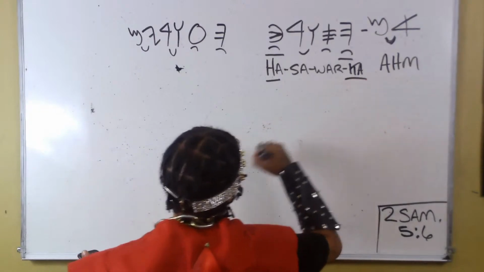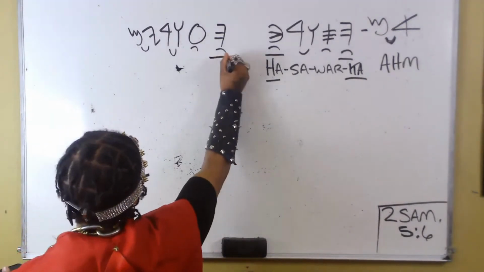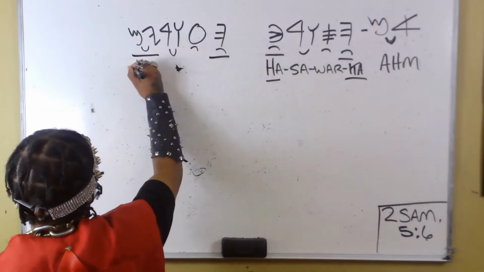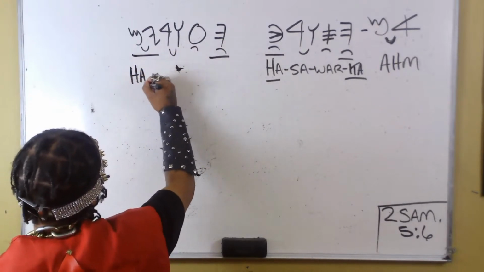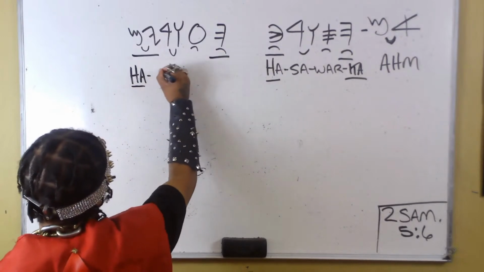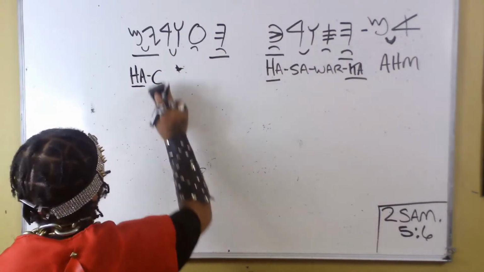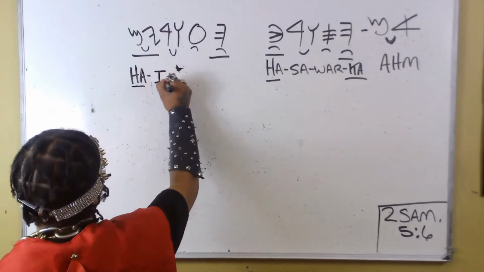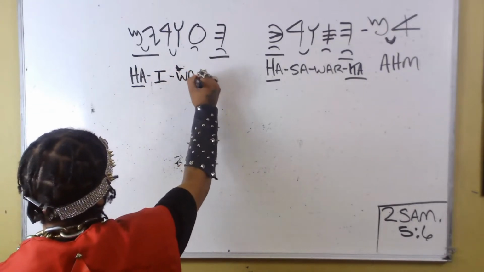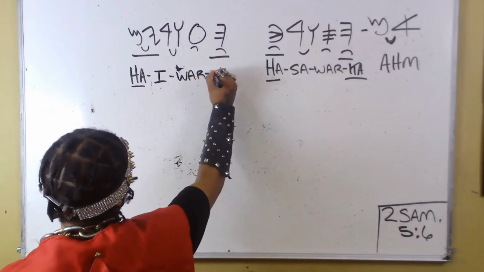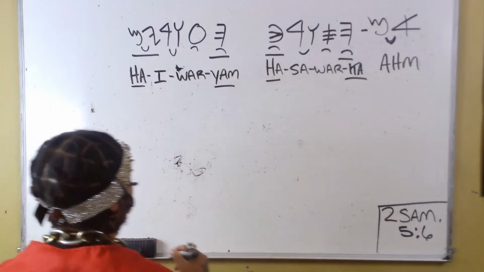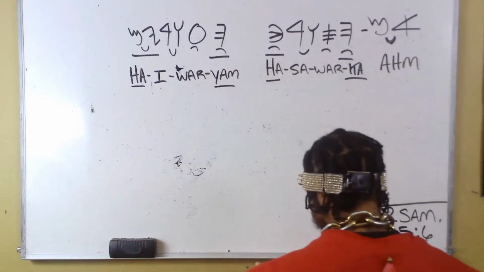And Ka is a connector as well. Ha, I warrior. Yum is also a connector. It's also a connecting word. All right, I warrior. Let's keep going.